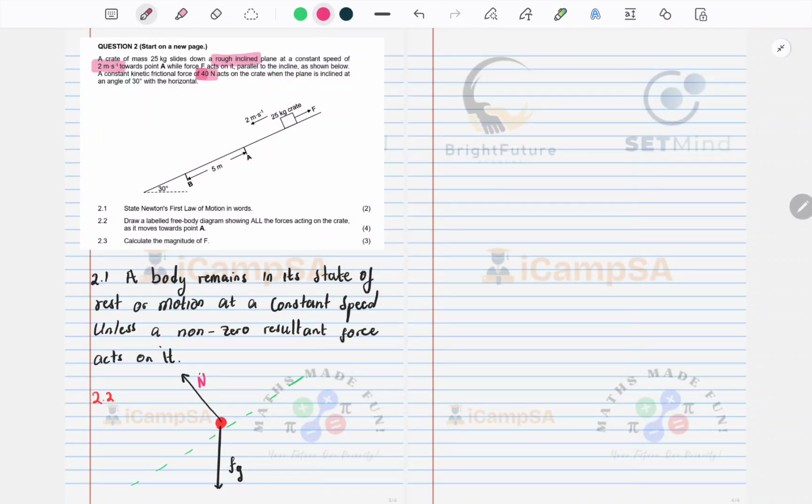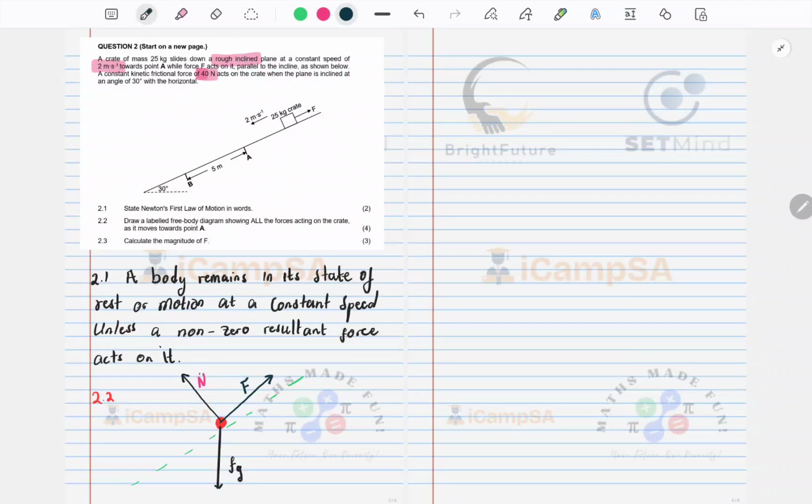And then we've got the applied force, which they've told us about. So we already know this force that is applied here. This is force F. Now I must remember that this is moving down the incline. And here they're telling us about the rough inclined plane.